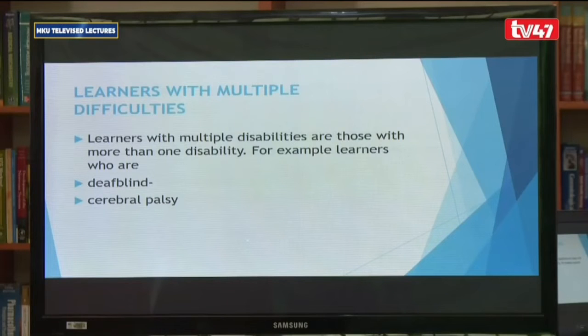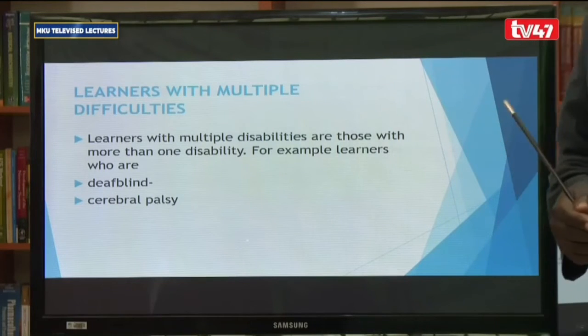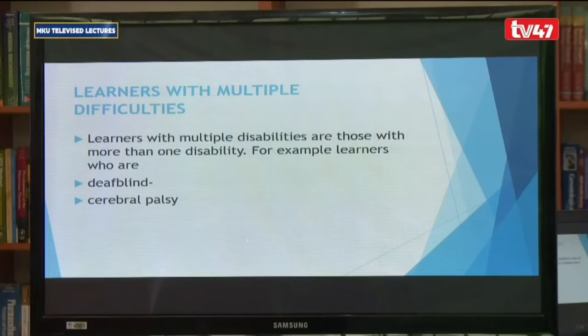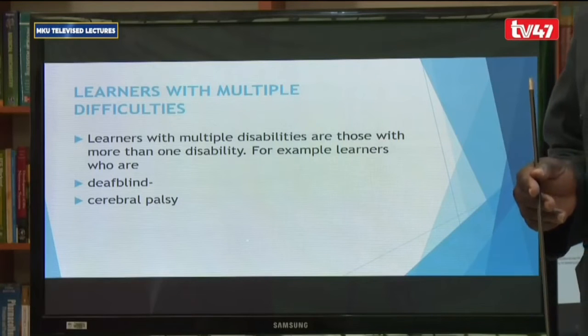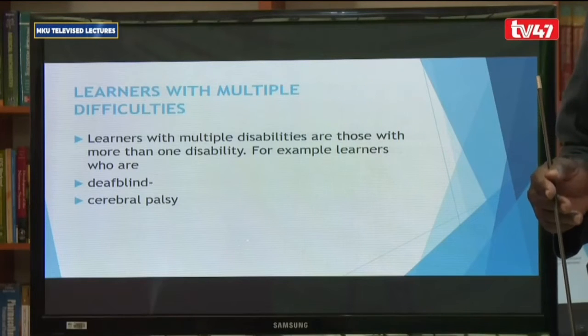Now, learners with multiple disabilities are those who have more than one disability. As we learned earlier, we have different types of disabilities. We have mental disability.